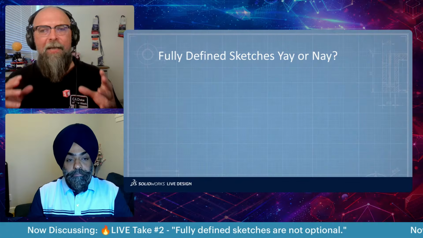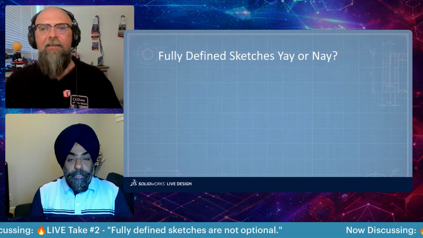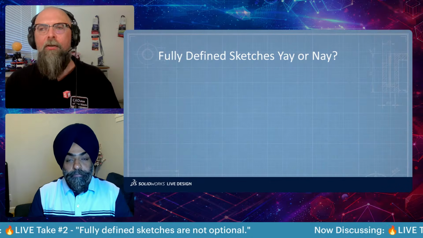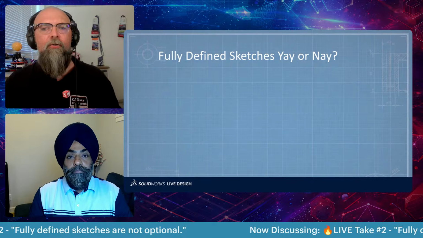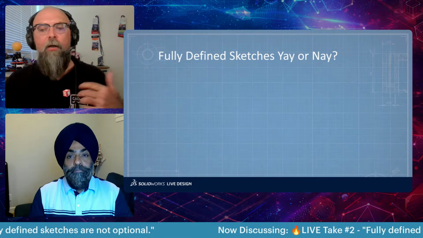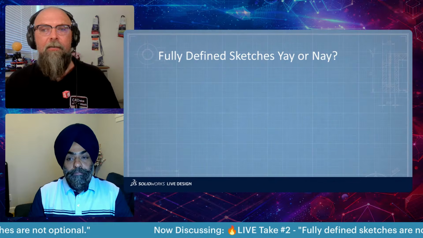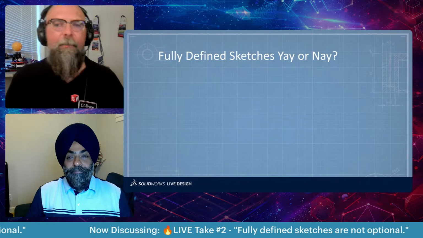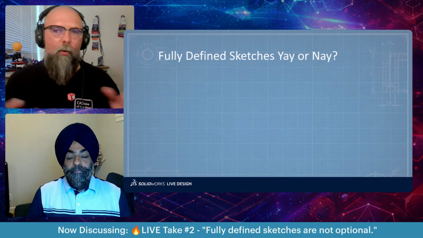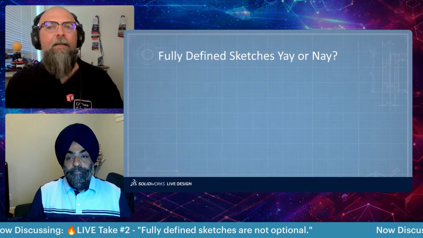It lacks your decisions. A fully defined sketch is actually, in my book, clear cut decisions on what you want to do with it. So of course you can create a model, but you can also risk a lot of different issues with that model. If you just happen to pull one sketch or do one another, then of course you can.